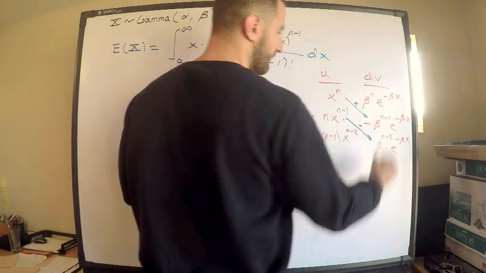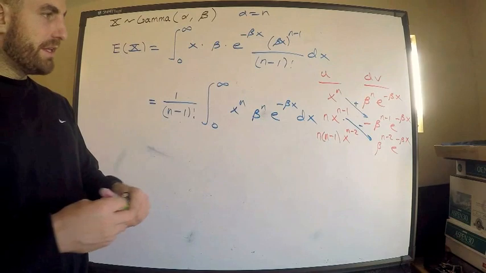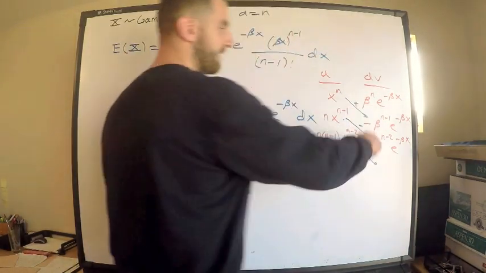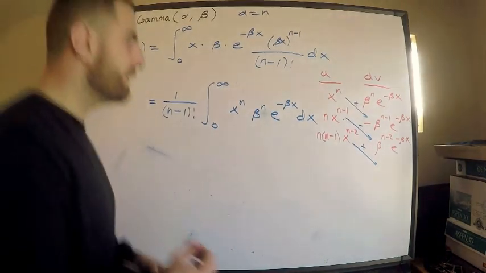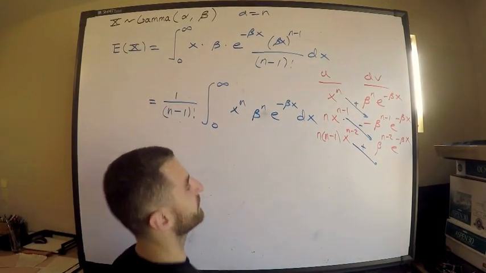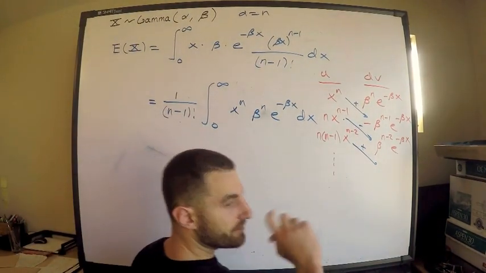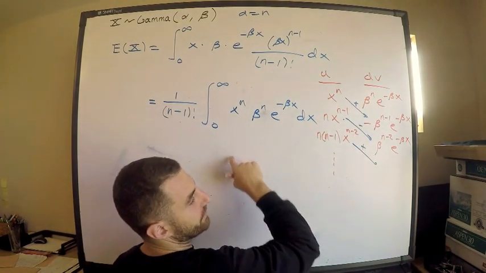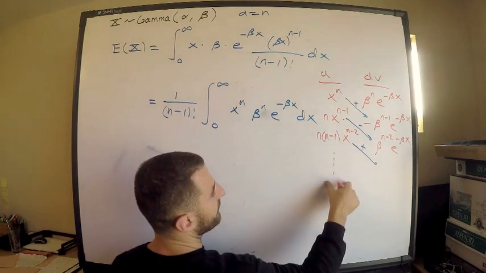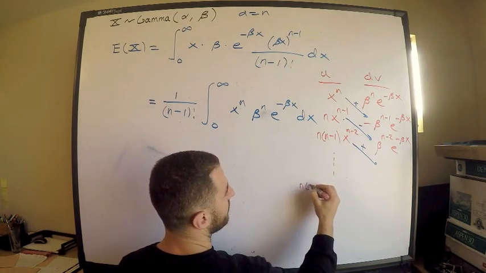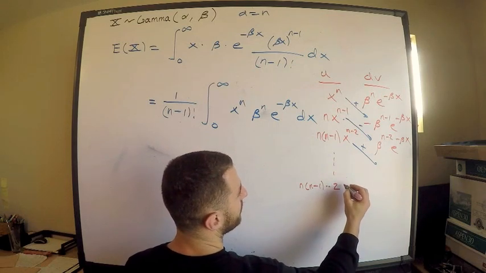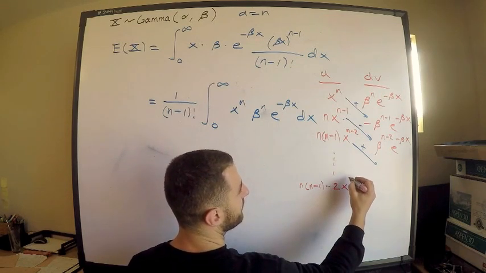I would keep going. The next one would be down here, it'd be plus. So plus, minus, plus, minus. Now I need to go all the way down. If you notice the pattern here, these are all going to be minus over here. You'll see what I mean. I'm going to go all the way down to n minus 1, all the way down to 2, x to the 1.